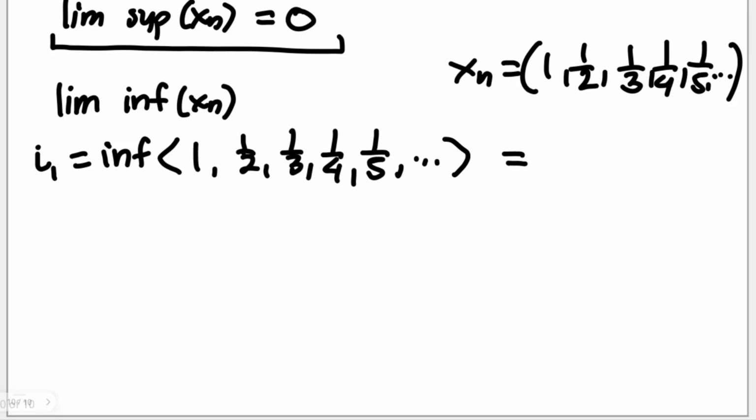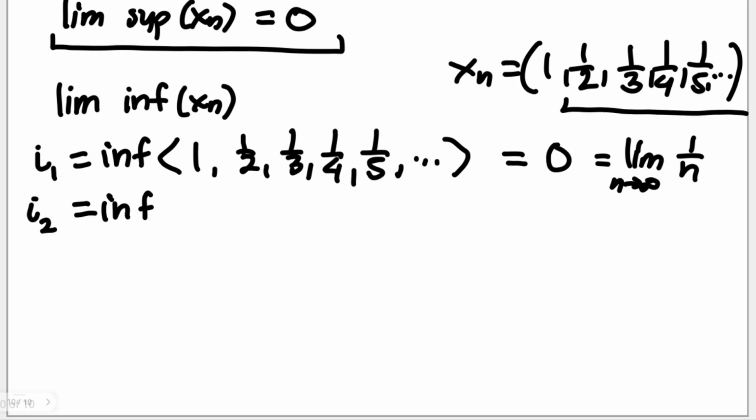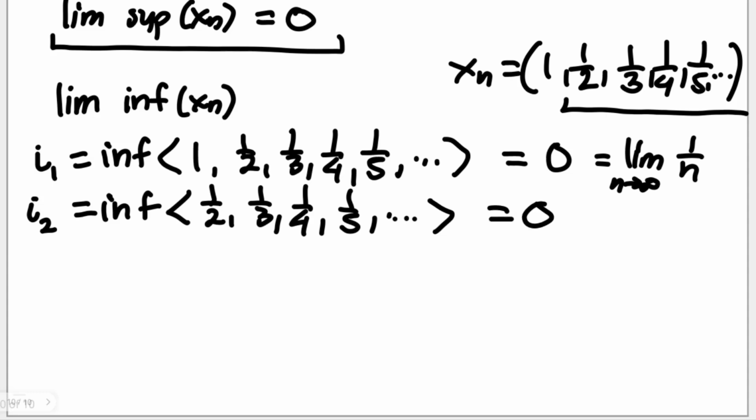The infimum of that is the greatest lower bound. The greatest lower bound for this is actually equal to 0. Of course, this is the limit of 1 over n as n approaches infinity. If we use the second element onwards, the infimum of that, 1/2, 1/3, 1/4, 1/5, and so on and so forth, is still 0, the greatest lower bound.